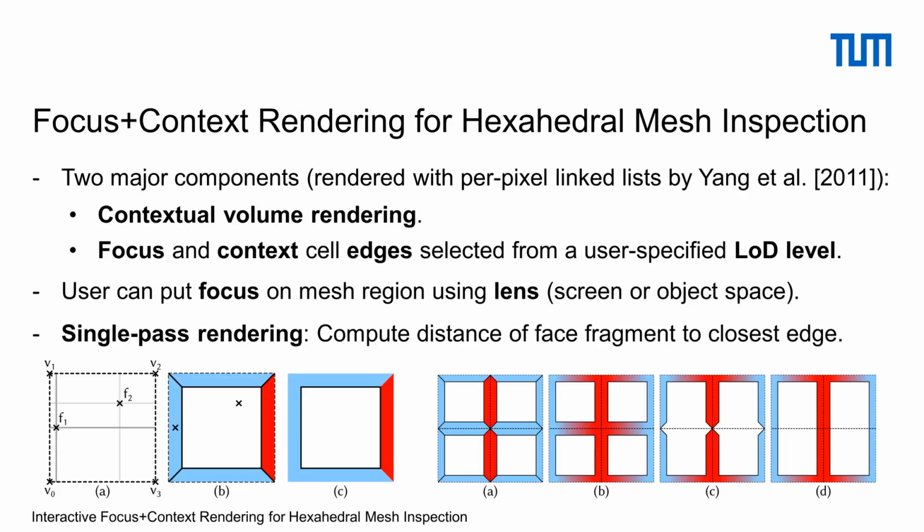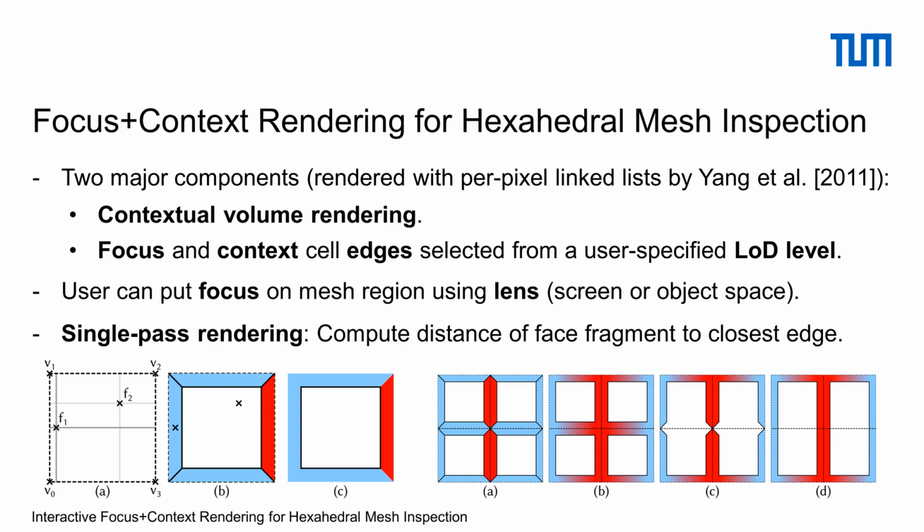Our rendering technique consists of two major components: the contextual volume rendering on the one hand, and focus and context cell edges selected from a user-specified LOD level on the other hand. The transparent geometry is rendered by using the order-independent transparency algorithm per pixel linked lists by Wang et al.